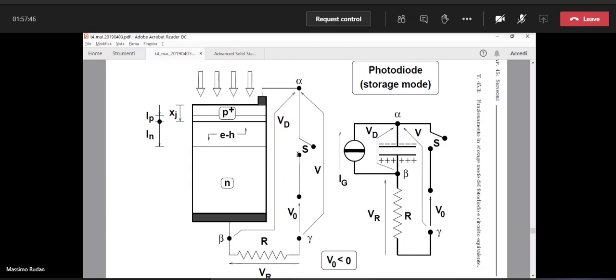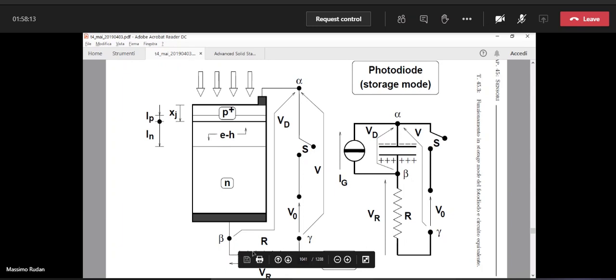It is the charge that had been accumulated inside the device during the storage period. This charge all of a sudden flows into the external circuit. So we have a much larger current flowing through the external resistor.